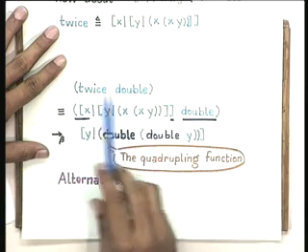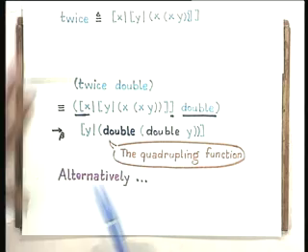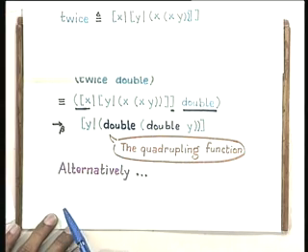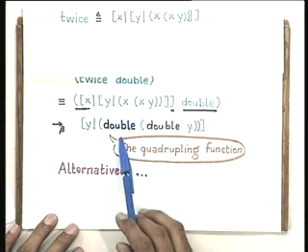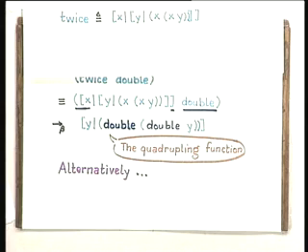So when you apply twice to double, you follow the normal beta reduction rules, and what you get is double applied to double y, which is the quadrupling function, which makes perfect sense, right.